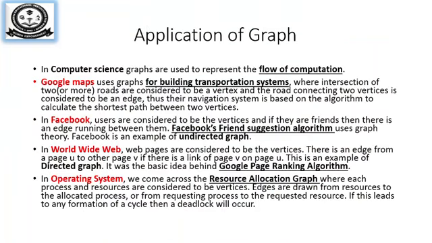So what are the applications of the graph in computer science? Mostly the graph is used for representing the flow of computation. Google Maps, Facebook, social media and the World Wide Web use it for different purposes. In Google Maps, they use it for building transportation systems, to provide an effective navigational system.